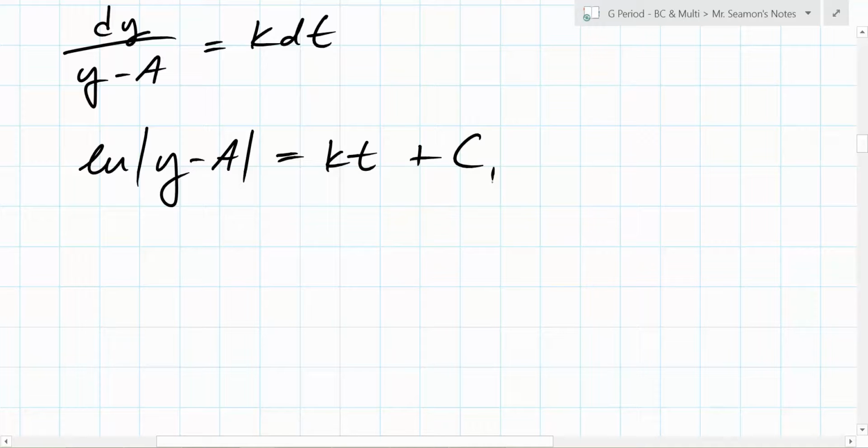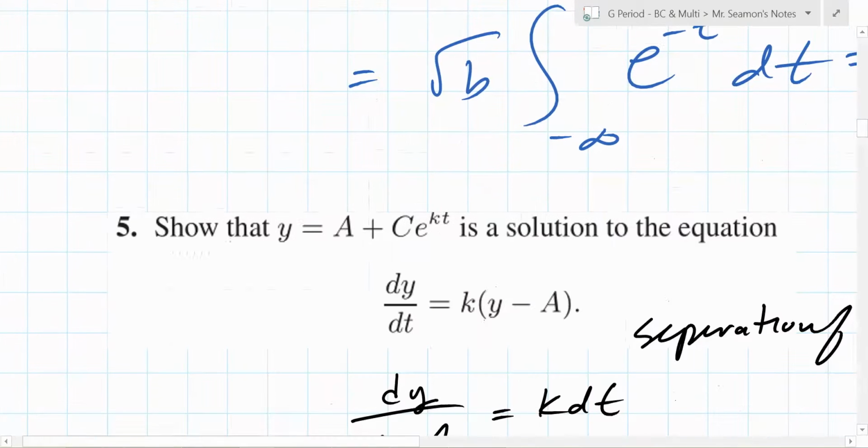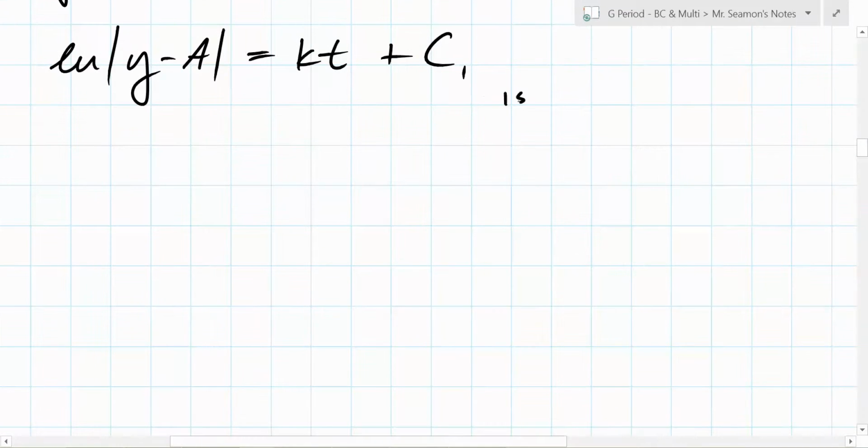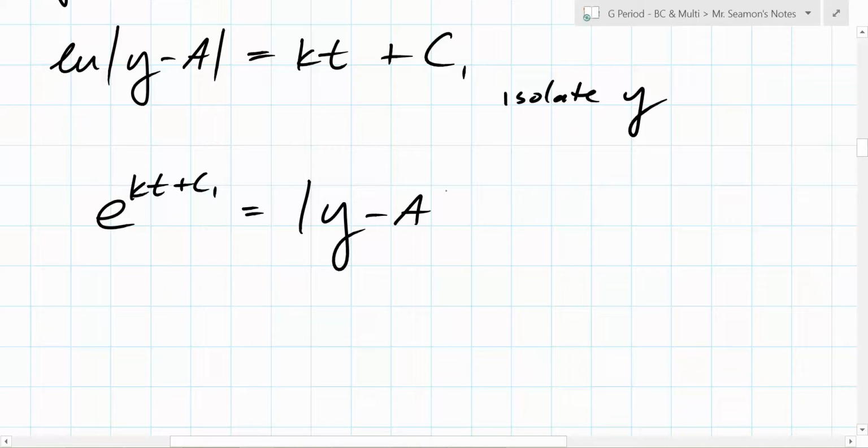Okay. Now what do we have to do? Careful. It's asking for y equals. So what do we have to do? Isolate y. So that's going to be e to the kt plus c1 is equal to this. I don't really like those absolute values.